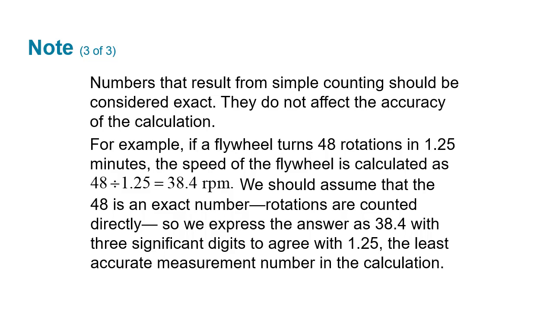So even though the number 48 only has 2 significant digits, its level of accuracy is infinite. It doesn't stop at 2. So when we're talking about the smallest level of accuracy, it actually goes to the other thing, which is a measurement, not a count, right? And so we use 3, and we keep our answer with 3.